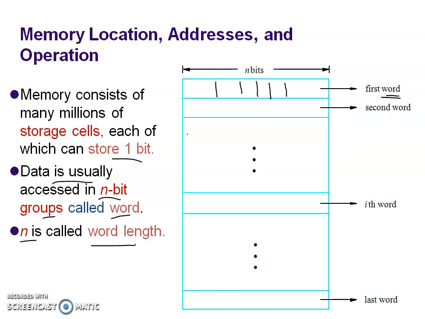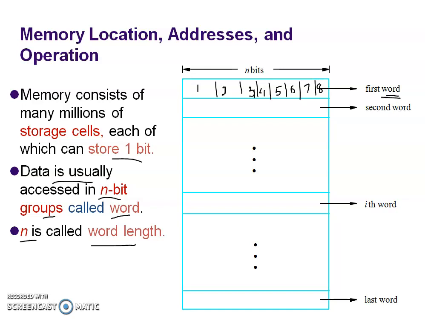Anyway, here memory is divided into some number of cells. Each cell will have one bit of information. So if the word is of 1 byte, it will have 8 bits: 1, 2, 3, 4, 5, 6, 7, 8.